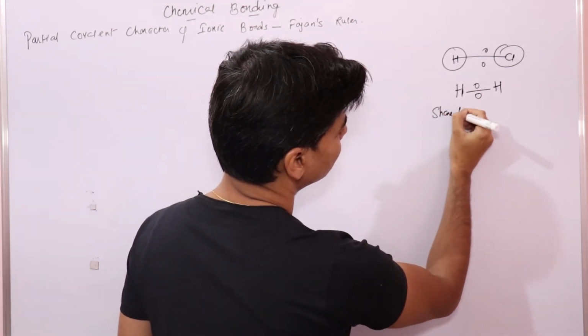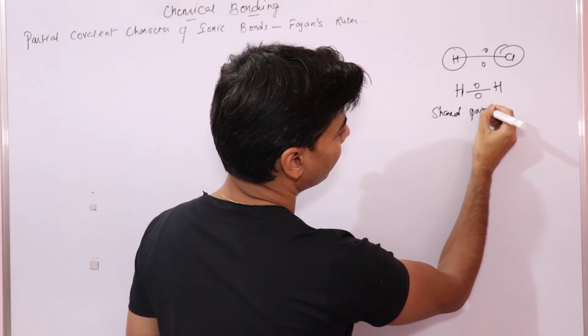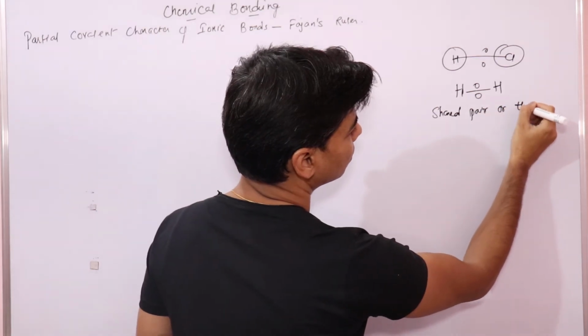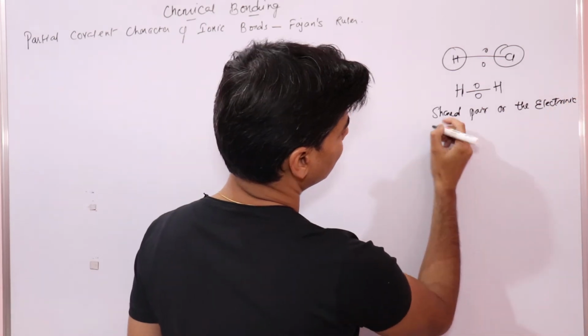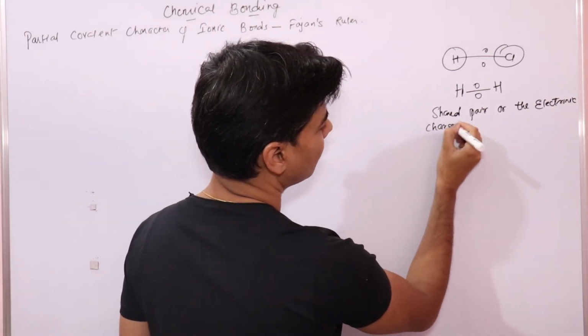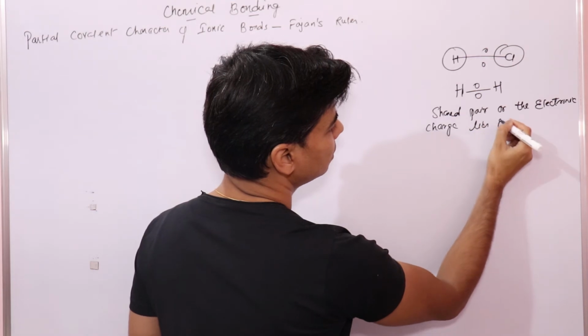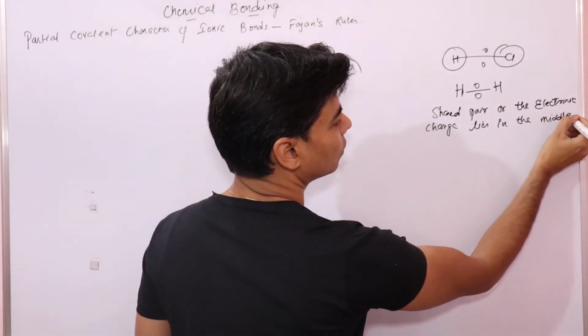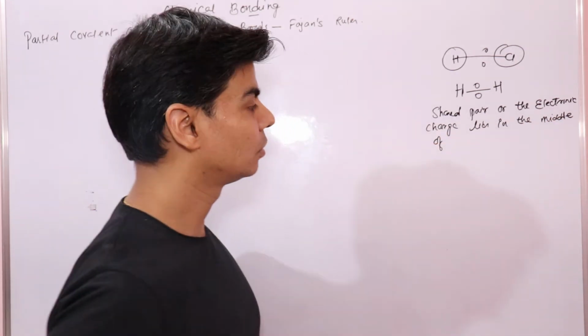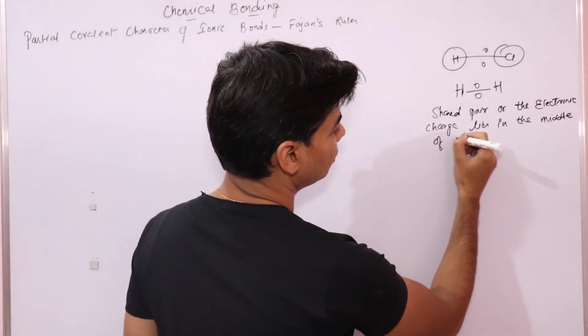The shared pair or the electronic charge lies in the middle of the atoms.